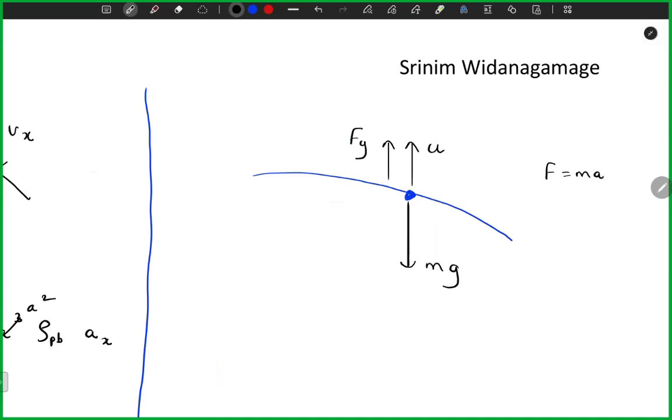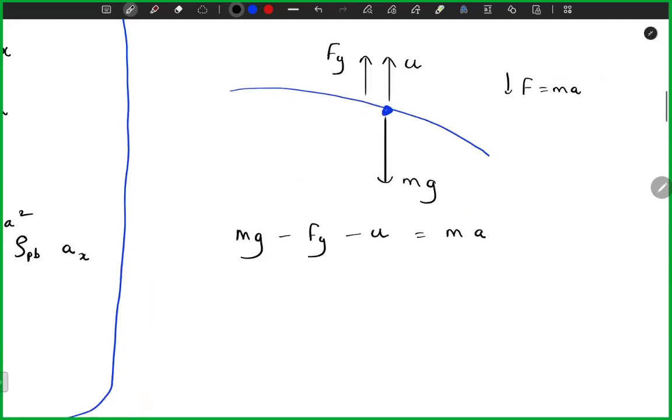Now tell me, what is the resultant force? mg minus Fy minus what? U. That is equal to what? Mass times the acceleration. What is the mass of the object? 4 over 3 π a cubed ρ_PB, right?